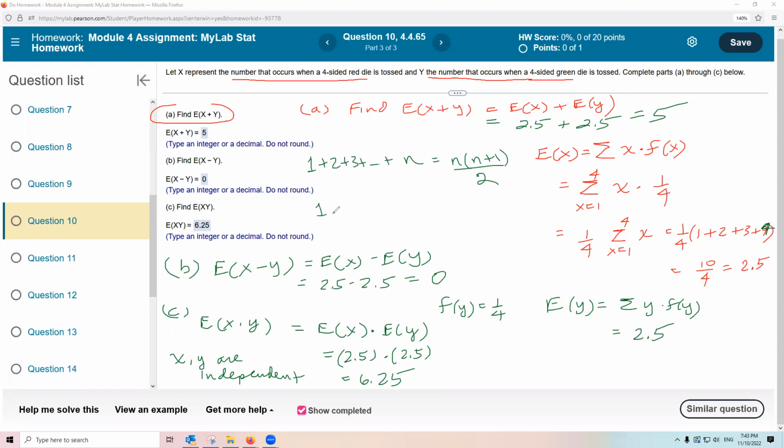So let's say I was adding up the numbers from 1 to 50. Well, in this example, n is 50, so this would be 50 times 51 over 2. Because, of course, I don't want to add up all of these 50 numbers. I want a shortcut formula. So you can use that formula if needed.